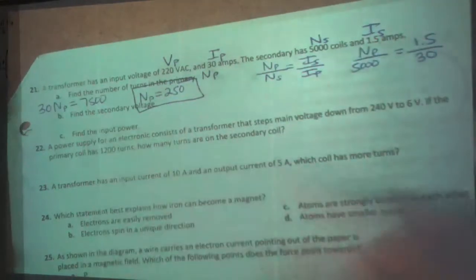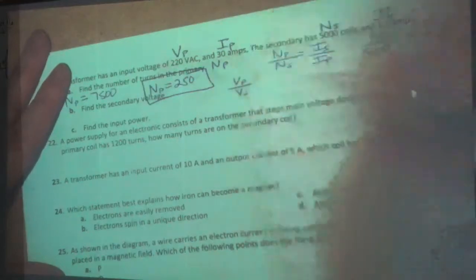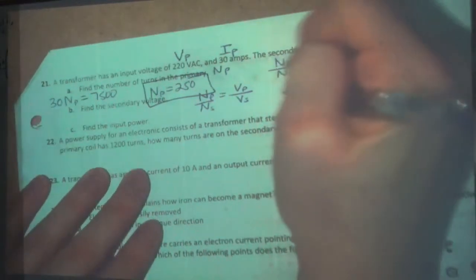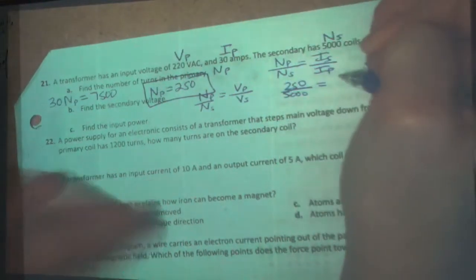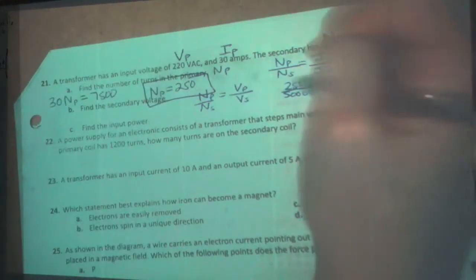Now we're trying to find the secondary voltage, so I definitely need the VP over VS in my equation, but it doesn't matter if I use I or N. It doesn't matter at all. Let's use N, like NP over NS, and now it's just 250 over NS, 5,000, equals VP, which is 220, over VS, and now we just cross multiply.